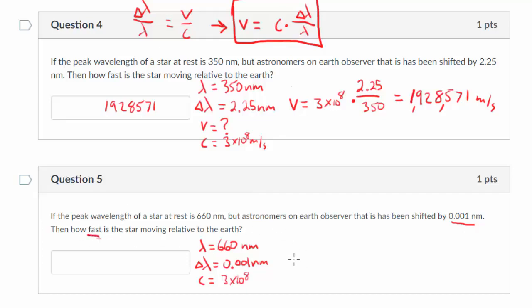So V equals c times delta lambda over lambda. That's 3 times 10 to the 8 times delta lambda, 0.001 over lambda, 660. Let's see what that gets us. I'll write it down below.